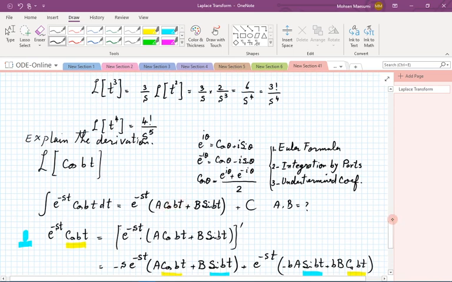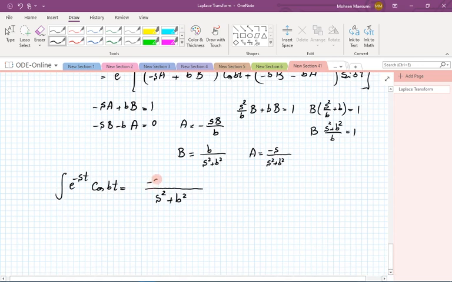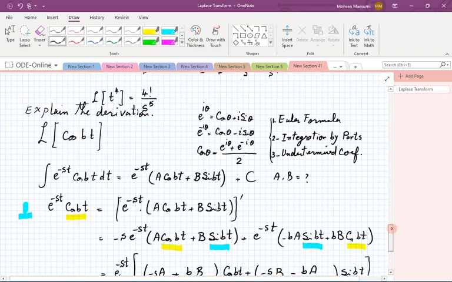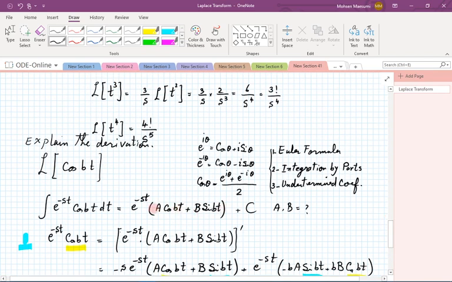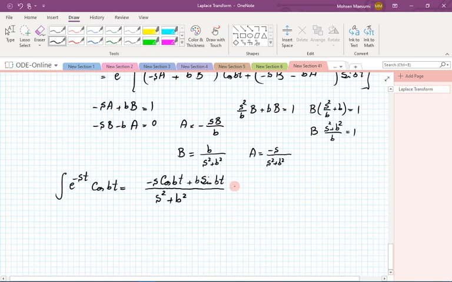A cosine plus B sine, the whole thing was, so A cosine plus B sine times exponential of minus st. And we have our constant of integration.